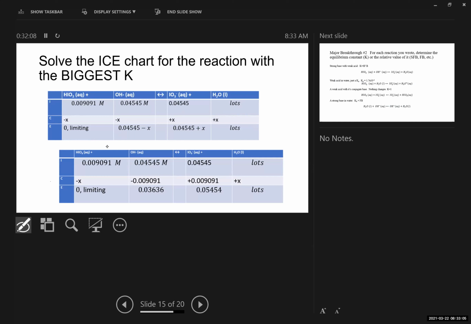Since X must be 0.009091, to no particular number of sig figs. And I'm done.